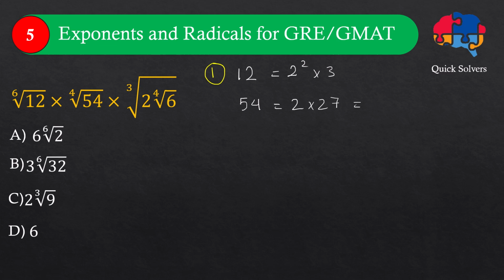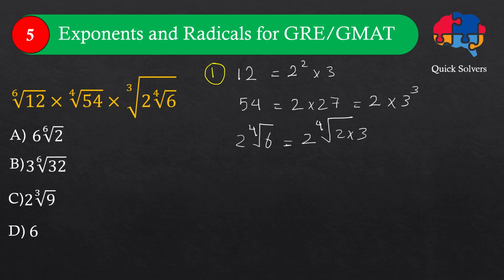So here, 54 equals 2 times 3 to the power of 3. And then we have 2 times the 4th root of 6. I can't do much here except this, 2 times the 4th root of 2 times 3. So here you see that I decomposed each term into factors like 2 and 3. All right, so this is the first step.